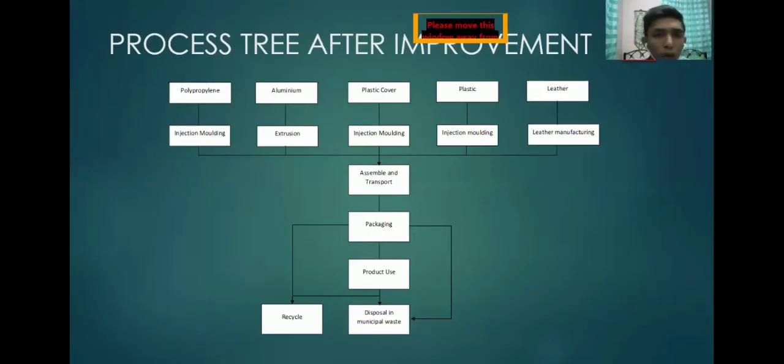So this is the process tree after the improvement. We can see that the steel was improved by replacing it with aluminium, and the manufacturing process of aluminium is extrusion, and the fabric was replaced with leather, and the manufacturing process of leather is leather manufacturing.